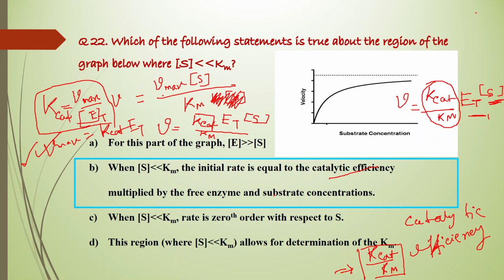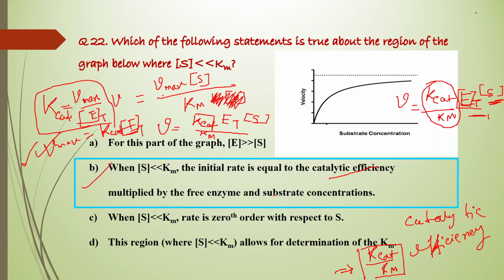Let me just correct it a bit. I just forgot to put down the bracket. This is your Kcat value, and you can replace Vmax simply by Kcat into Et, and once you place this, you come to this particular equation where Kcat by Km is defined by the catalytic efficiency of a reaction, which is then multiplied by Et and S. So if you get that equation, you can just read the option.